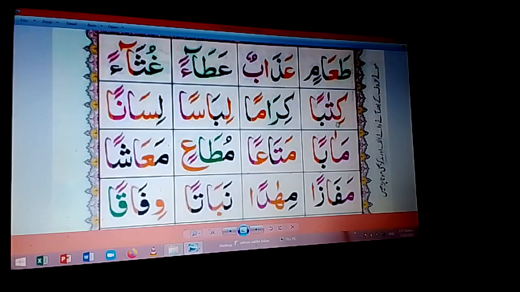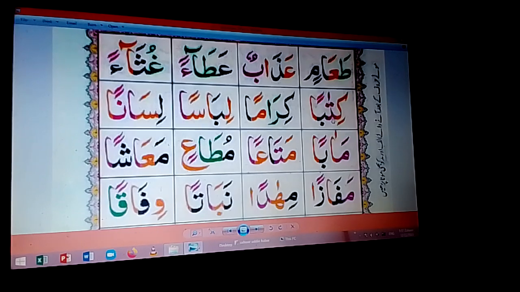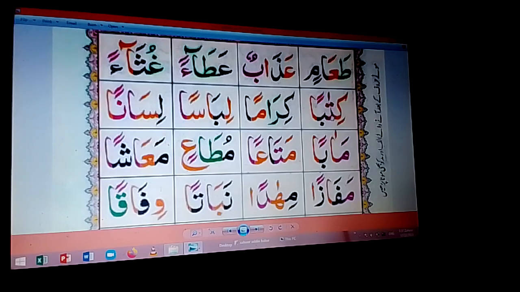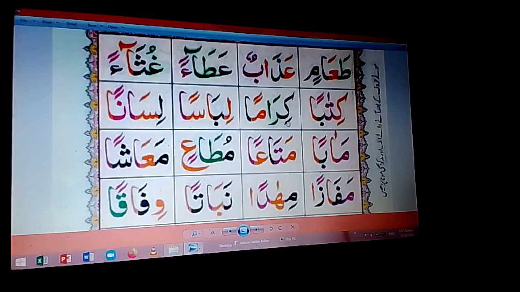Next is kitaban. Sometimes we replace alif, like this alif, we replace this alif with standing fatha. So this ta is prolonged because of standing fatha. Kitaban. Next is kiraman. Here ra is longer because of alif.